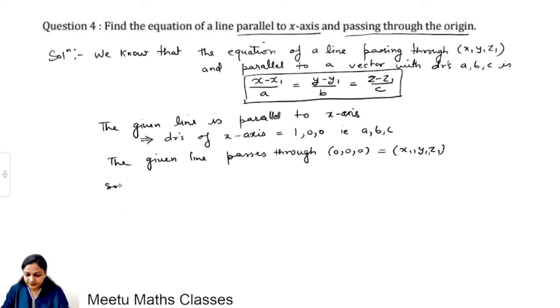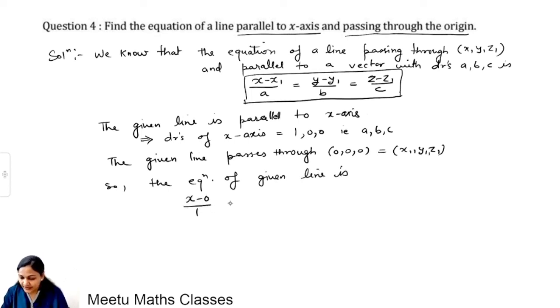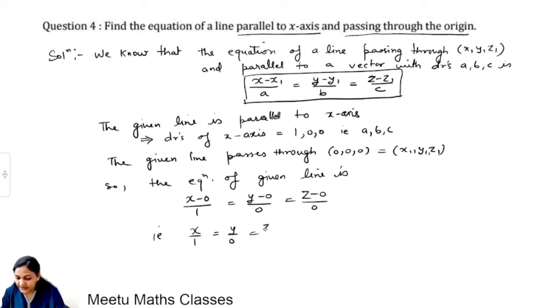So the equation of the given line is x minus 0 upon 1 is equal to y minus 0 upon 0 is equal to z minus 0 upon 0, or we can say that x upon 1 is equal to y upon 0 is equal to z upon 0, and this is the equation of the required line.